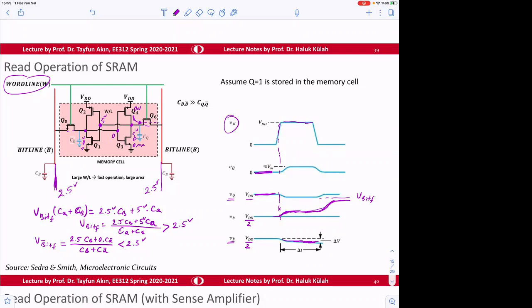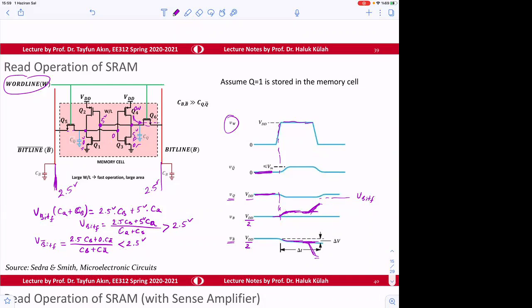But we only have a short period of time. So this will start to increase. This will start to increase. But we don't have time for reading that.